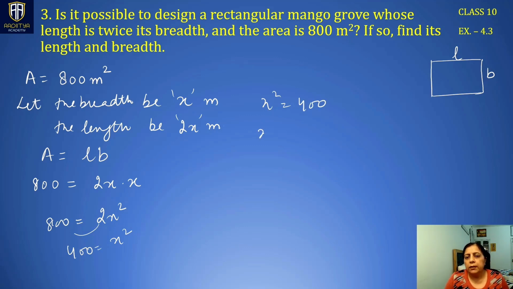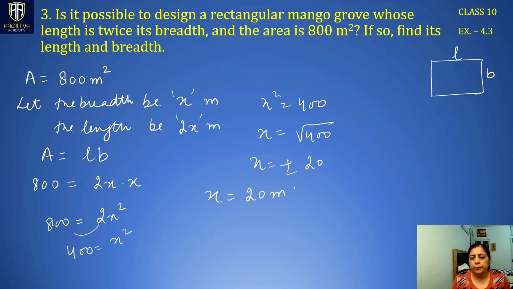So the value of x becomes square root of 400, and that is plus minus 20. But we cannot have length or breadth to be a negative parameter. So ignoring the negative value, we can say that x becomes 20 meters. x equal to minus 20 is not possible. So x is 20.